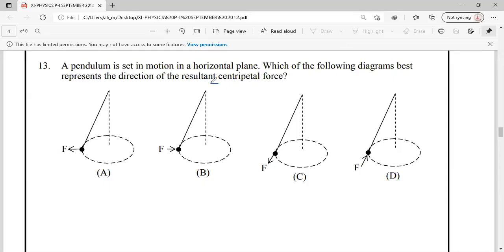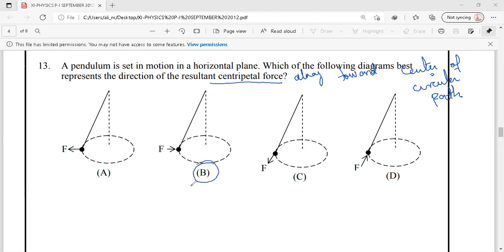The direction of centripetal force is always towards the center of the circular path. So the correct answer will be option B, in which the resultant force is acting towards the center of the circular path.